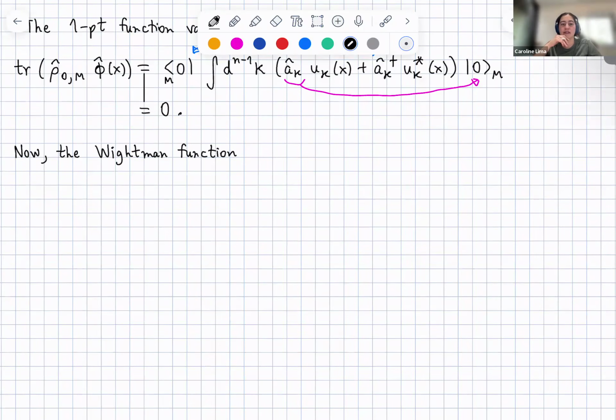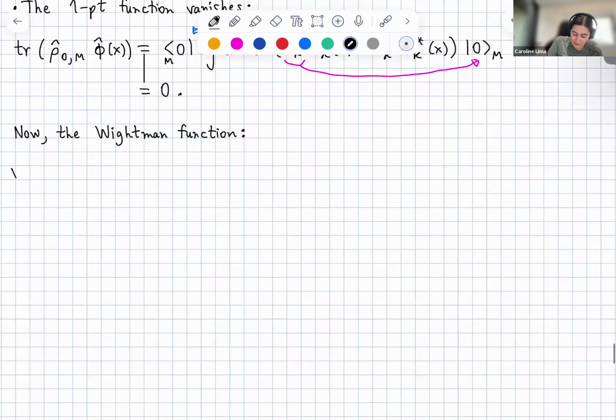So sometimes they would say thermal Wightman, or in other states that are not necessarily the vacuum. But I'll still call it the Wightman, of course. So the Wightman for x, x prime is going to be exactly these 2-point correlators that we are interested in.